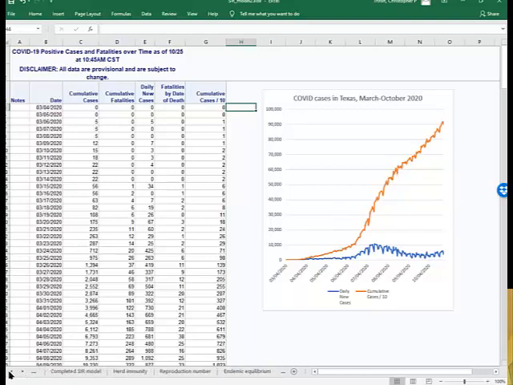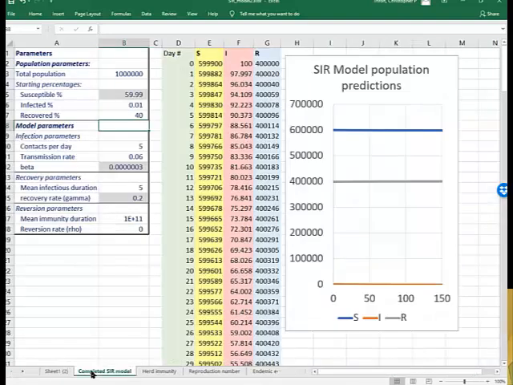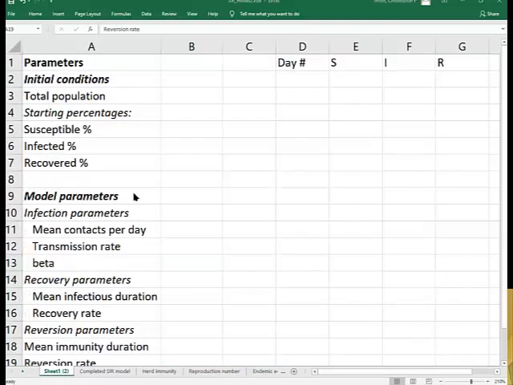I'm going to show you now how you can make a SIR model that will show how the susceptible, infected, and recovered populations change over time. Right. And I will include this spreadsheet in the course materials.